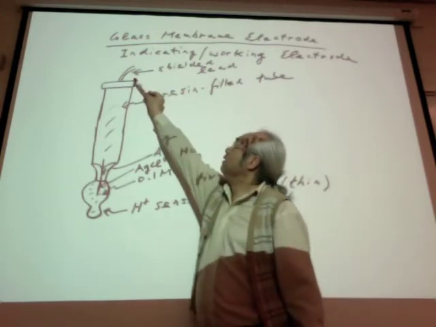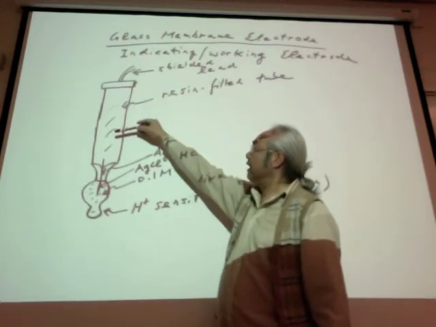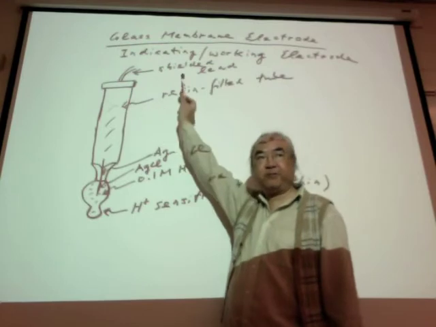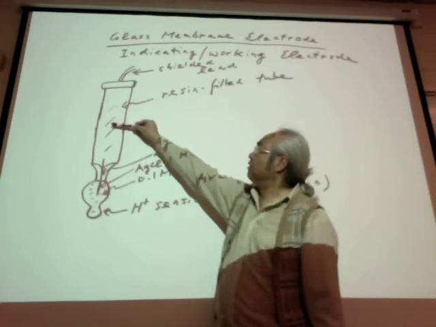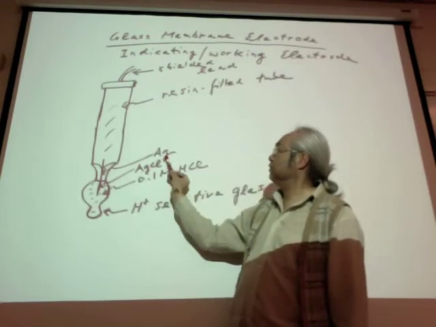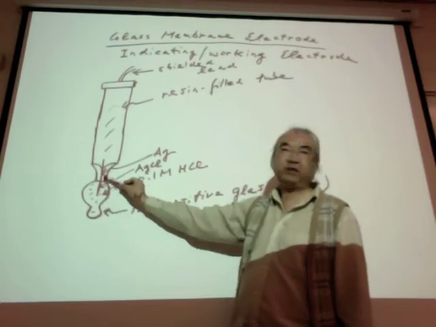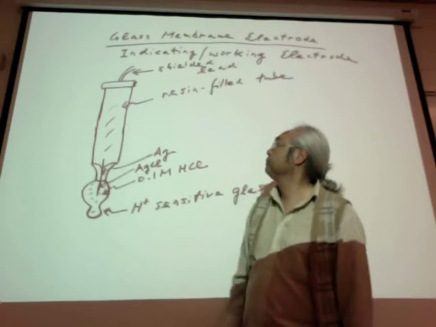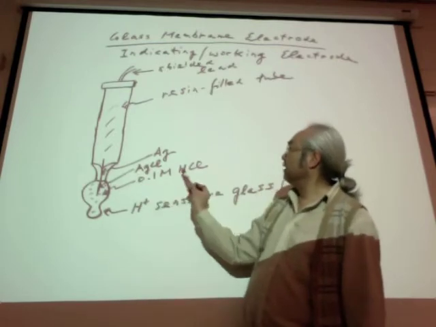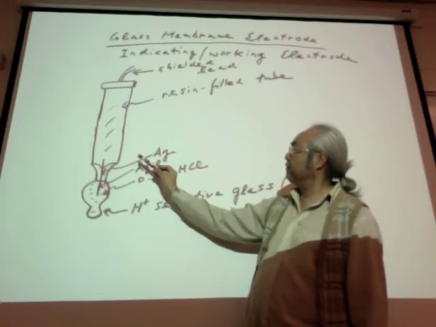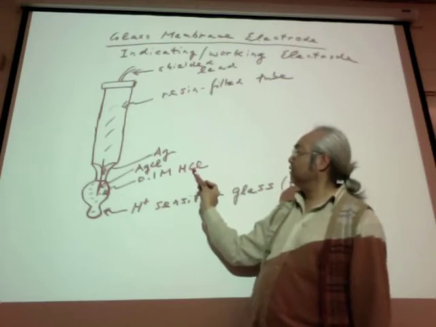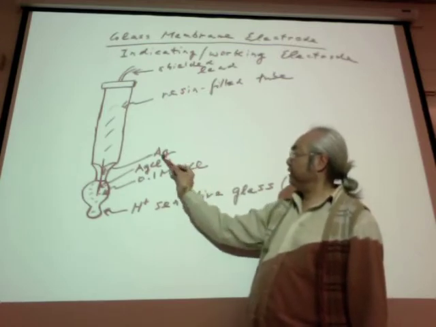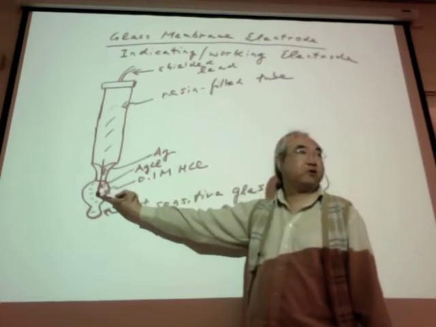The lead wire is just a conductor. It doesn't participate in the reaction. It is connected to the silver wire, which participates in the reaction. Silver in contact with HCl, with Cl, becomes silver chloride at the surface.